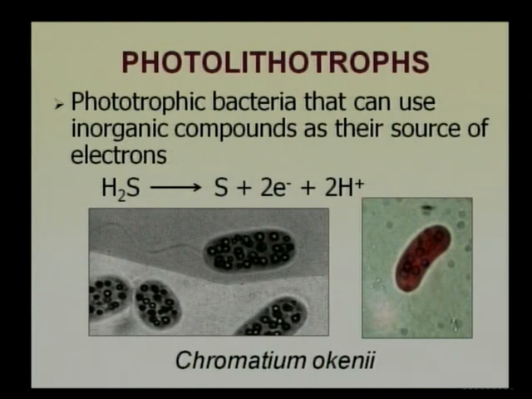For example, H2S can be utilized by these organisms. They have tremendous capacity to use inorganic sulfur: H2S is converted into elemental sulfur, which is cleaved off, and electrons are utilized. Chromatium okenii, the organism projected, utilizes the energy from H2S and is a photolithotroph.